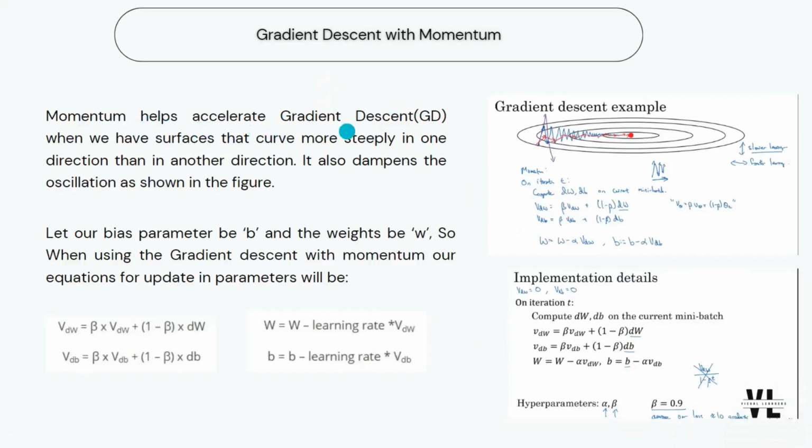Momentum helps accelerate gradient descent when we have surfaces that curve more steeply in one direction than in another direction. It also dampens the oscillation as shown in the figure. So gradient descent with momentum is going to help us arrive at the global minimum much faster. The normal gradient descent algorithm is going to have much more noise, because we're just computing each gradient one by one and adjusting the parameters.